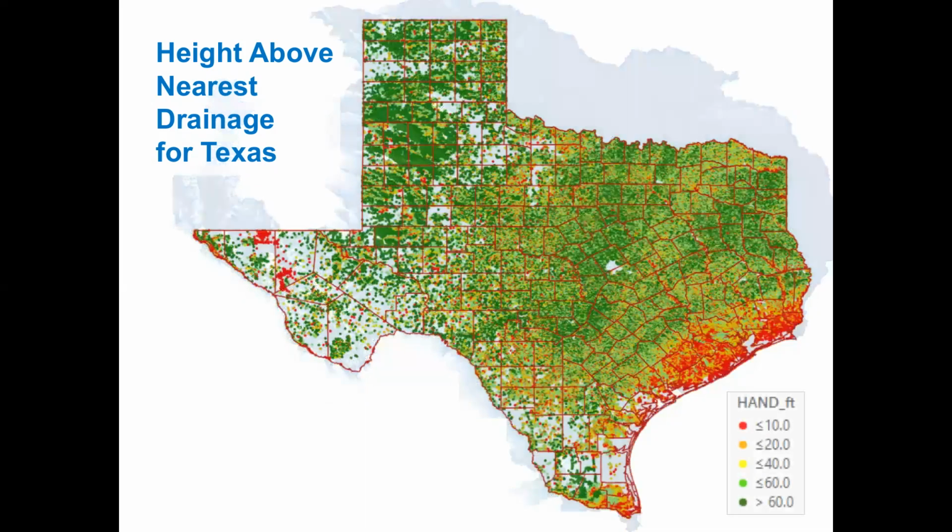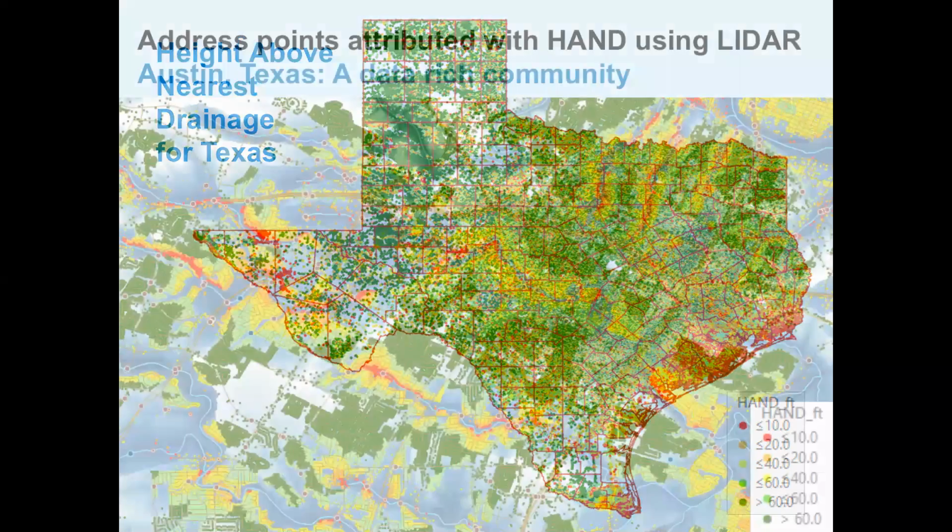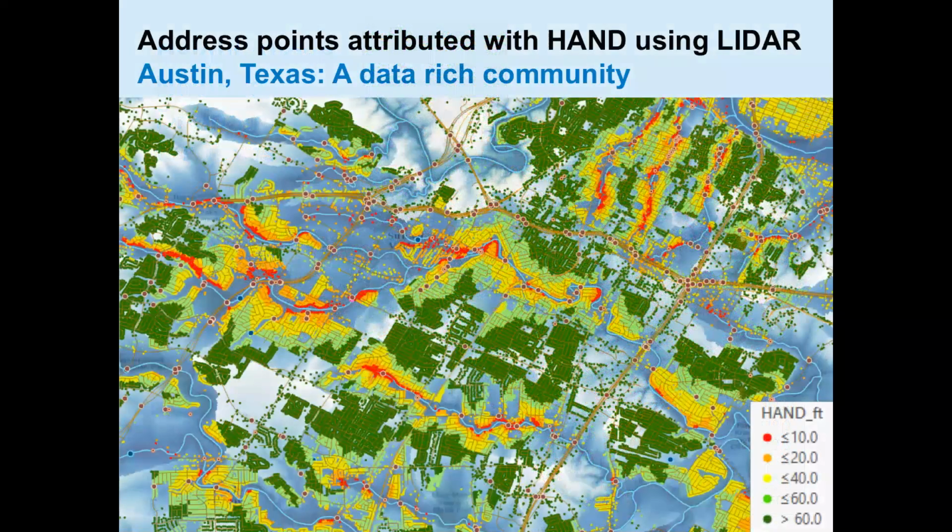But what I've done is to do the extract cell value from that raster and assign it to each address point. And this is what it looks like at the state level. And that's not very useful. Down at the local level, this is in South Austin. You see the red points show addresses that are within 10 feet of stream bed, and green is 60 feet or higher.